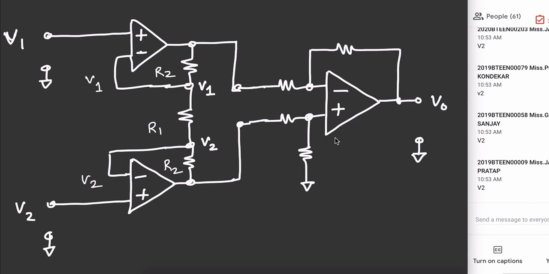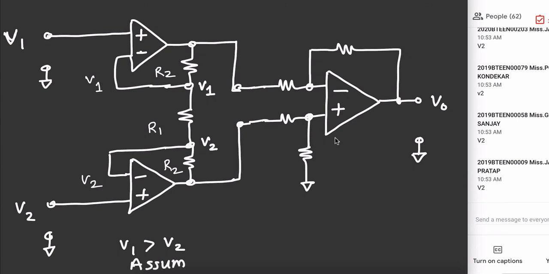For the time being, we will assume that V1 is higher than V2, for convenience, just to start with. This is an assumption.